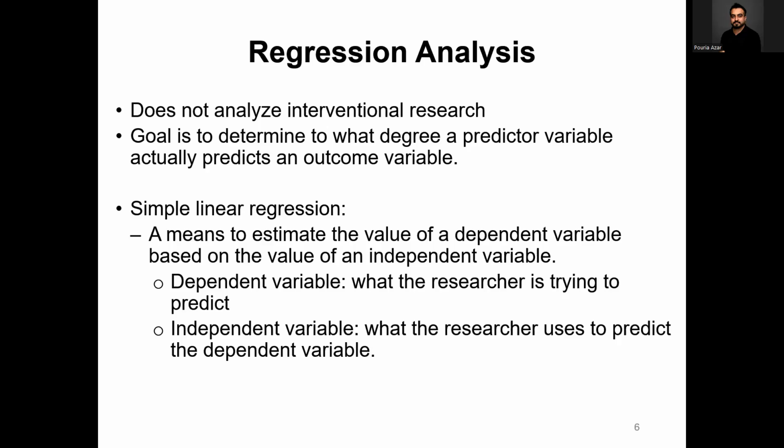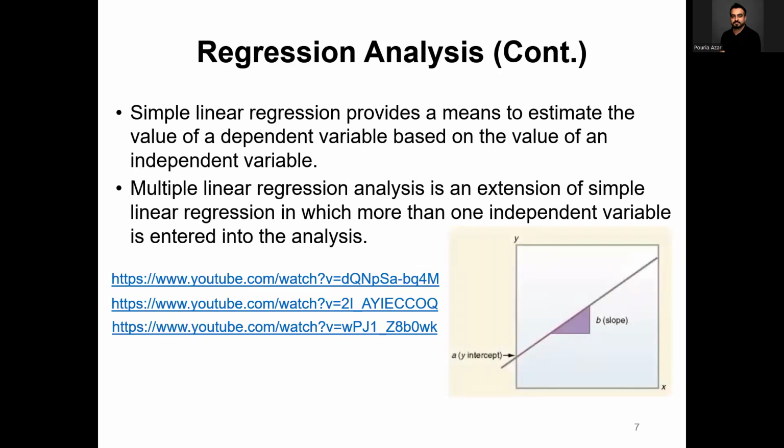An independent variable or predictor variable is the variable the researcher uses to predict the dependent variable. Multiple linear regression is an extension of simple linear regression, and it contains more than one predictor variable. We enter all those independent variables or predictors into the analysis, and that's called multiple linear regression.